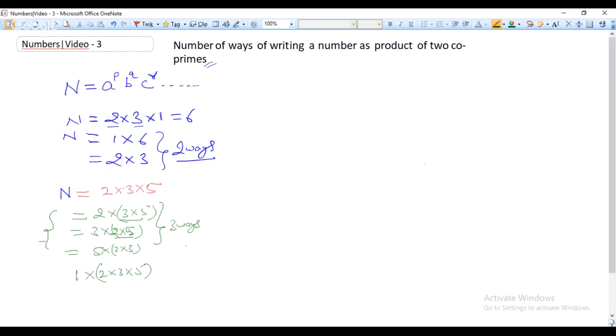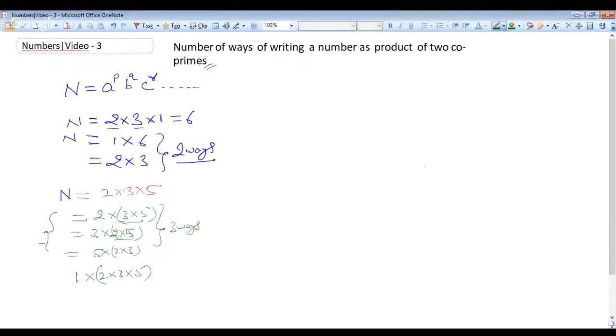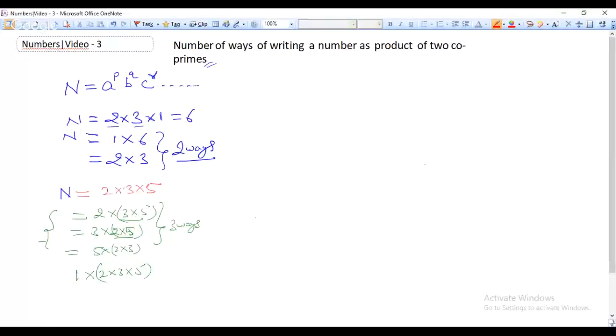So total 3 plus 1 ways we are getting. After doing this, we have a total of 4 ways of representing it as a product of 2 co-primes. Okay, so let's increase a number.